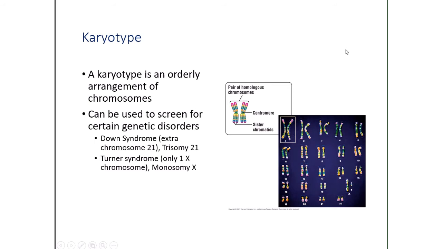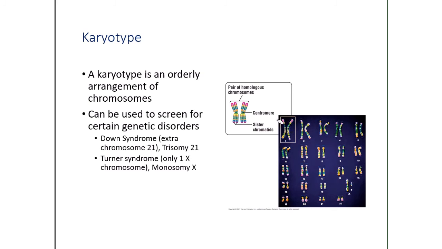So to determine whether or not someone has abnormal chromosomes, we can do something called a karyotype. A karyotype is an orderly arrangement of chromosomes, and we can use it to screen for certain genetic disorders when the fetus is growing. Here you can see we arrange the chromosomes by size.